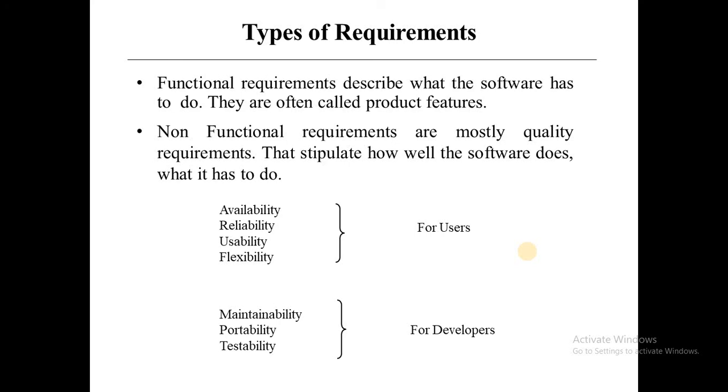The software system should have a portability nature, because in reality we need to change platforms. That's why testability: it should be testable, and verifiable also. So this is the concept of requirements and types of requirements. Thank you.